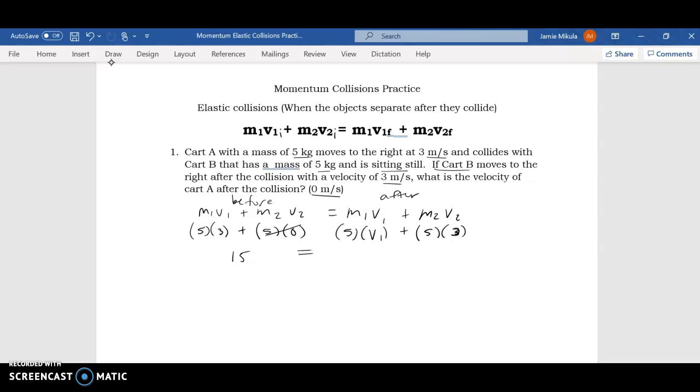So we're looking for the velocity of the first one, and then this is 15 as well. So we're going to subtract 15 from both sides, and you get 0, and then if you want to continue, you would divide by 5 on both sides, and that would be 0. So it is going 0 meters per second.